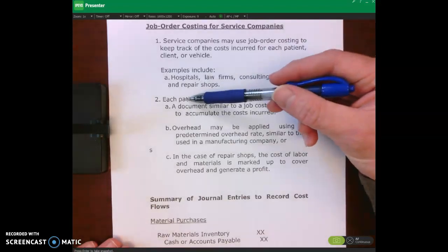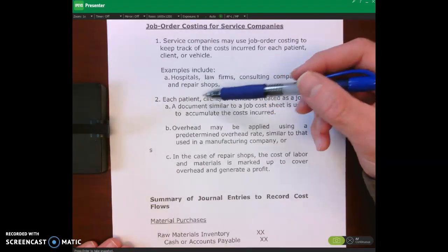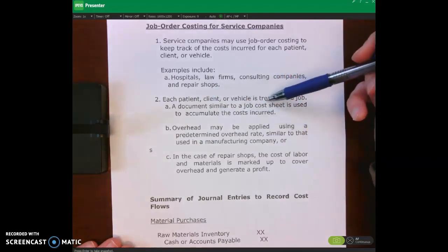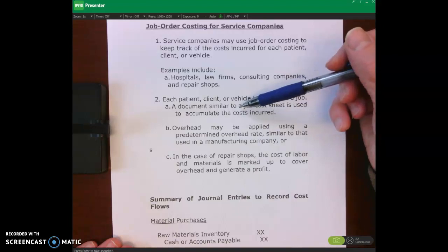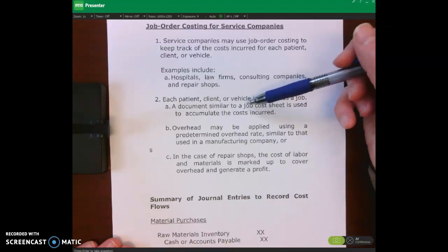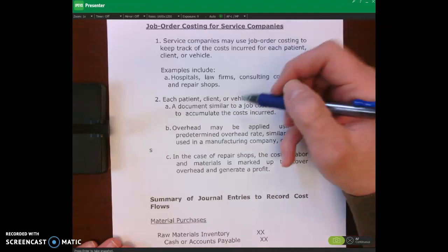But as I was saying in one of the first lecture videos for the chapter, the patient, client, or your car is the job. And so that company keeps track of materials, labor, and overhead for each job.